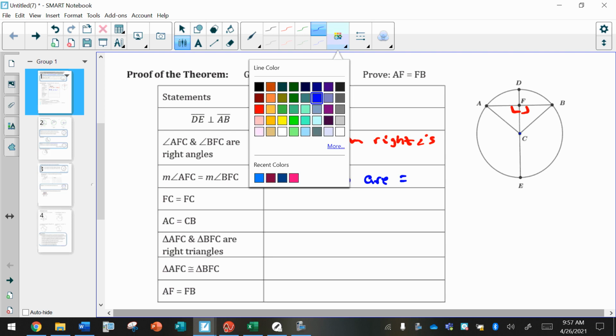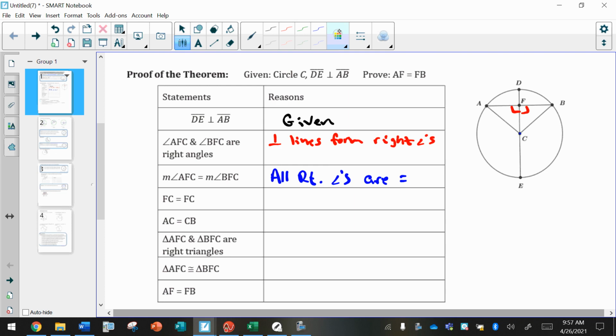And then remembering our wonderful triangle proofs, FC is congruent to itself. That is our reflexive property. And because we are in a circle, AC is a radius and CB is also a radius.